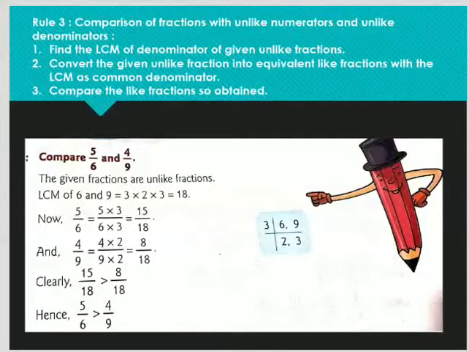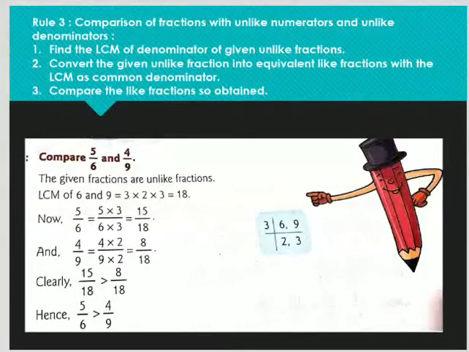Like in this example, you have to take the LCM of 6 and 9, and that is 18. Second step, convert the given unlike fractions into equivalent like fractions with the LCM as common denominator. So 5 by 6, LCM is 18. So convert according to the equivalent fraction.